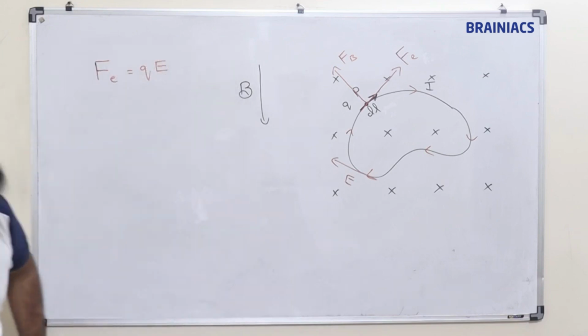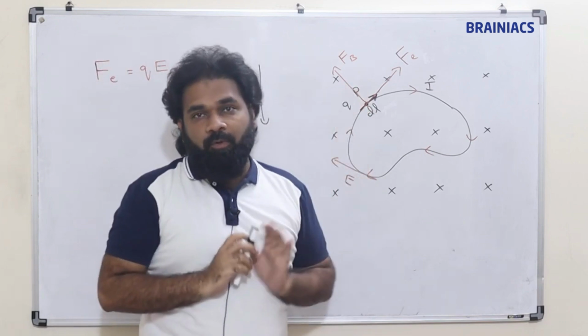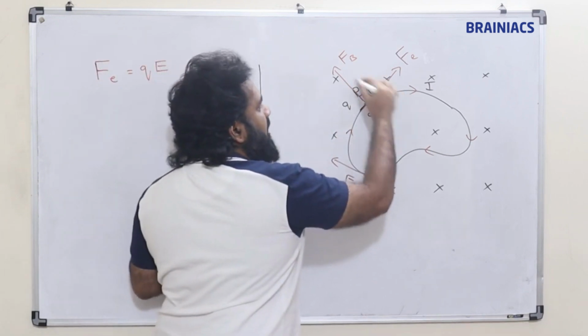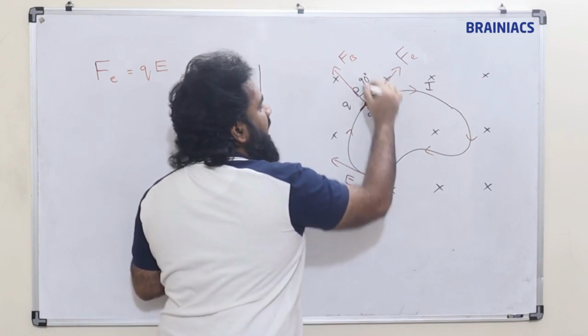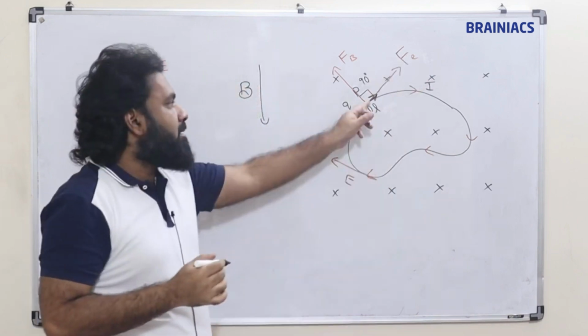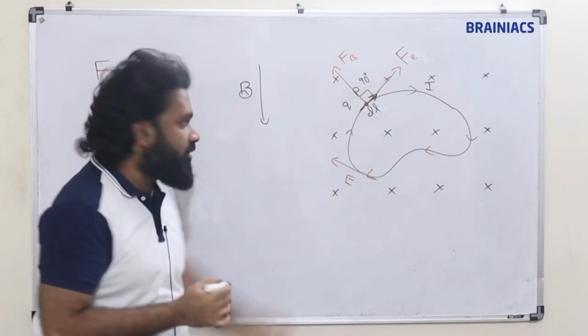Clear? So the work done by magnetic force will be what? Zero, because the direction of displacement and magnetic force is 90 degrees, but the direction of electrostatic force and displacement is 0 degrees. They are in the same direction.